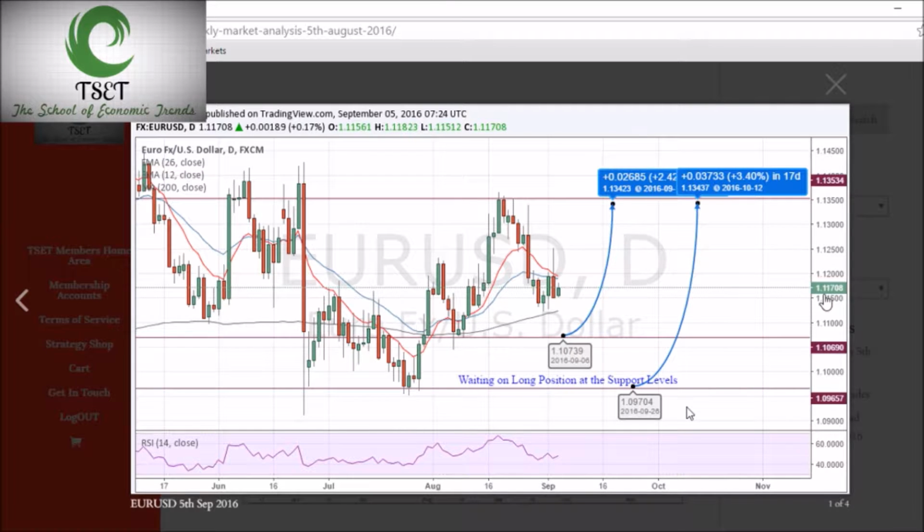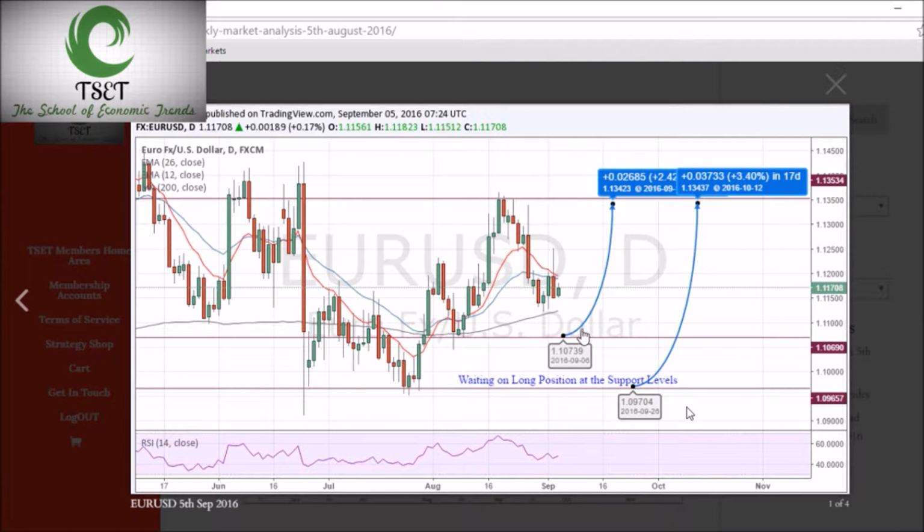At the moment they're trading at 1.1170, so right now we don't have the entry. We are waiting on long positions, and these are the levels where we will enter our trade, either 1.10739 or else 1.09704. We have support level 1, and then support level 2.